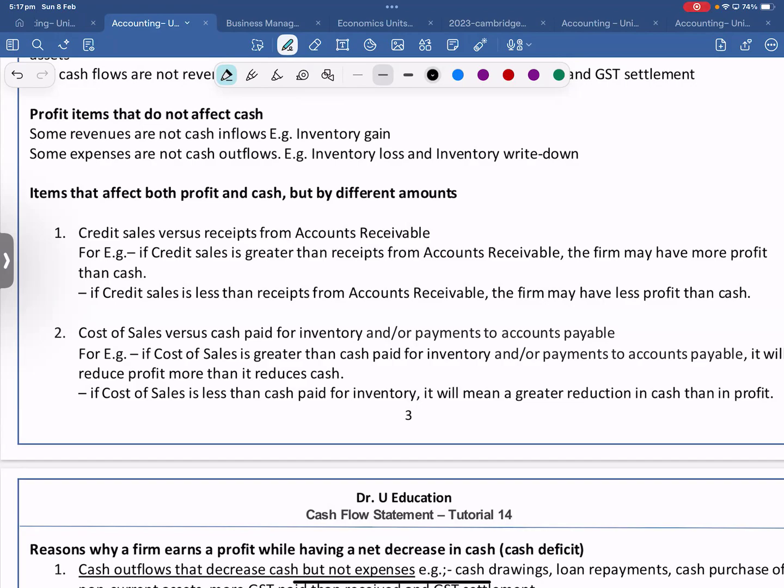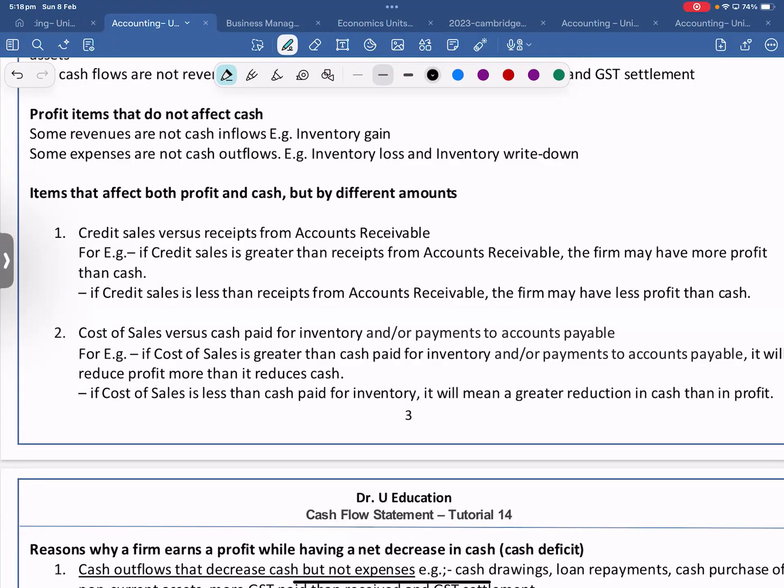Period cost is like all the expenses. The question is what is converted into cost of sales, product cost or period cost? Product cost. I just wanted to check your memory.